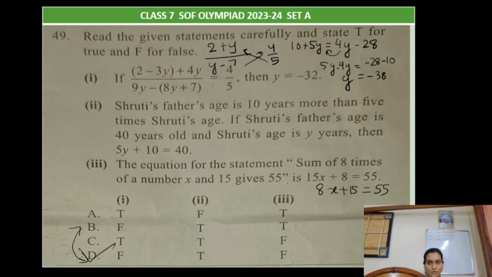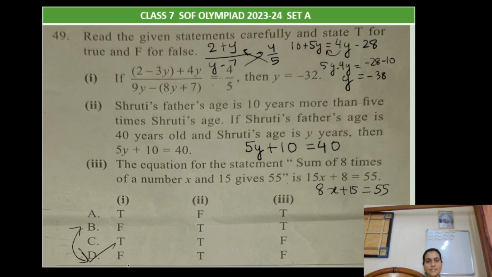I think that's true, because how much older is Shruti's father? He is 10 years more than, means plus 10. 10 years more than what? 5 times Shruti's age. Shruti's age we have taken y. So 5 times Shruti's age will be 5y. And then Shruti's father age is 40 years old. So 5y plus 10 equal to 40. So this bit 2 is true.